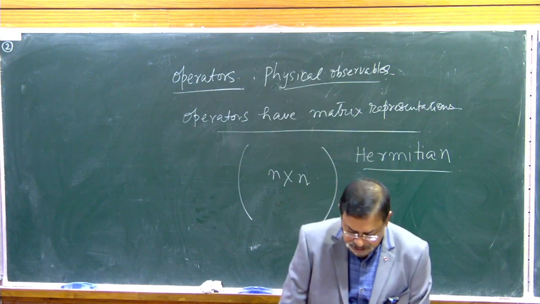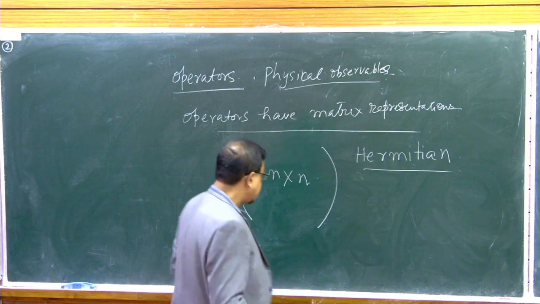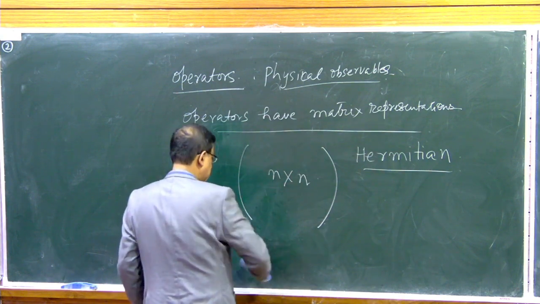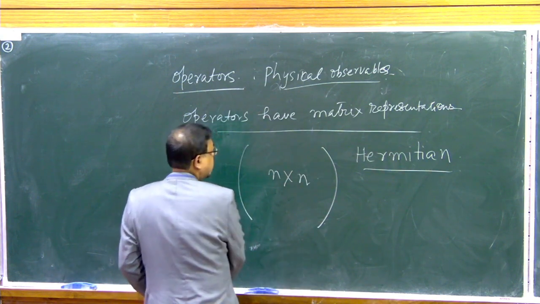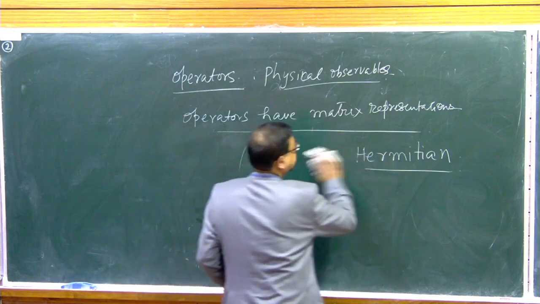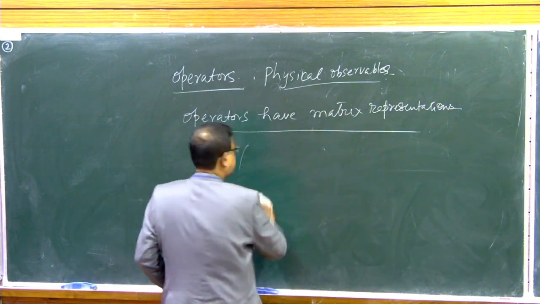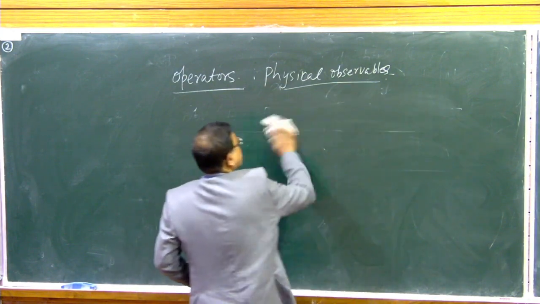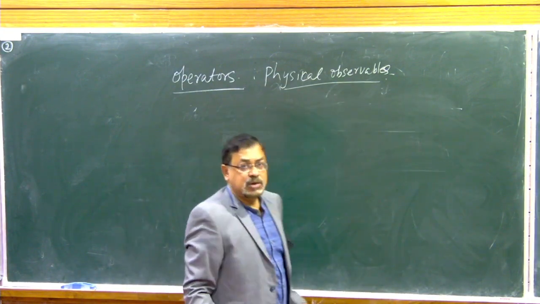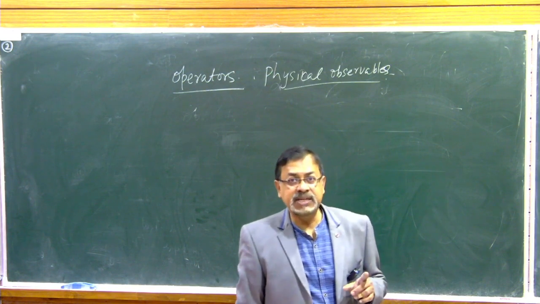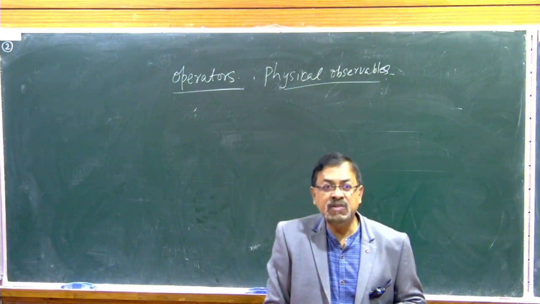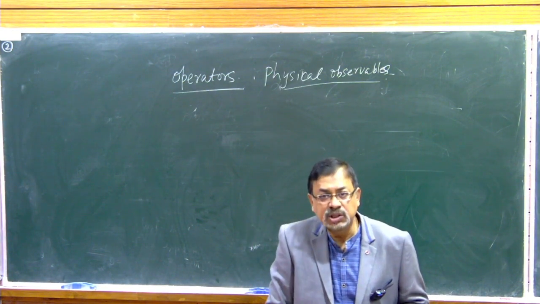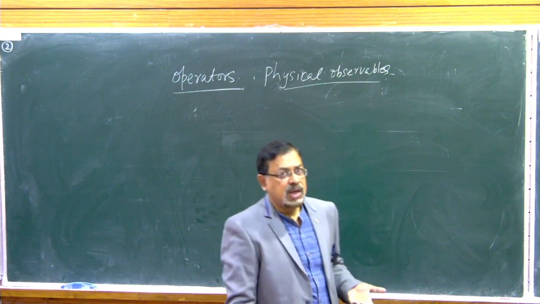Okay, so let me tell you then what is this operator and eigenvalues that we are talking about. I've told you that the wave function is a complex quantity which by itself does not have a meaning other than being a mathematical function.